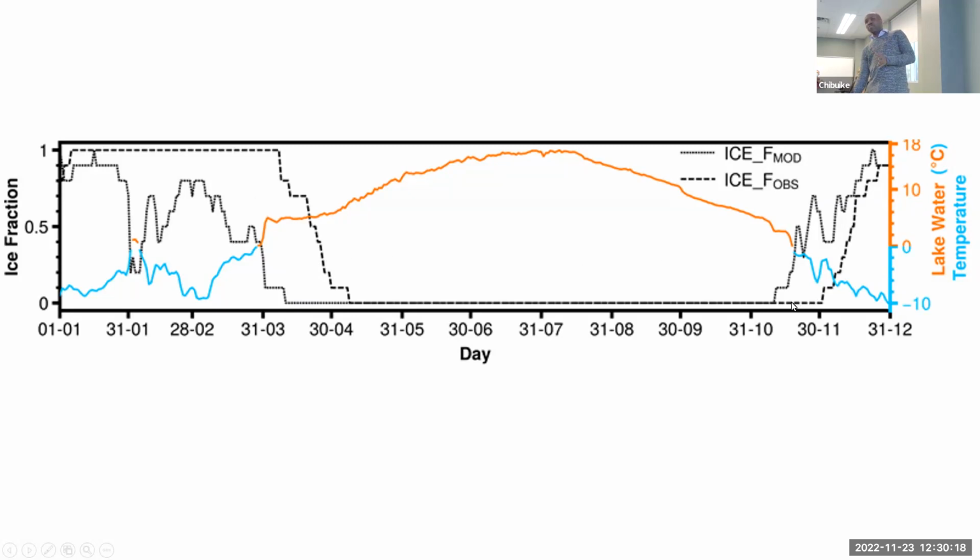For the freeze-over period of the ice, there is a difference of 2 to 3 weeks, but for the melt period, you have about 1 month difference. Generally, if we had observational data for lake water temperature, that would have been better to compare to.